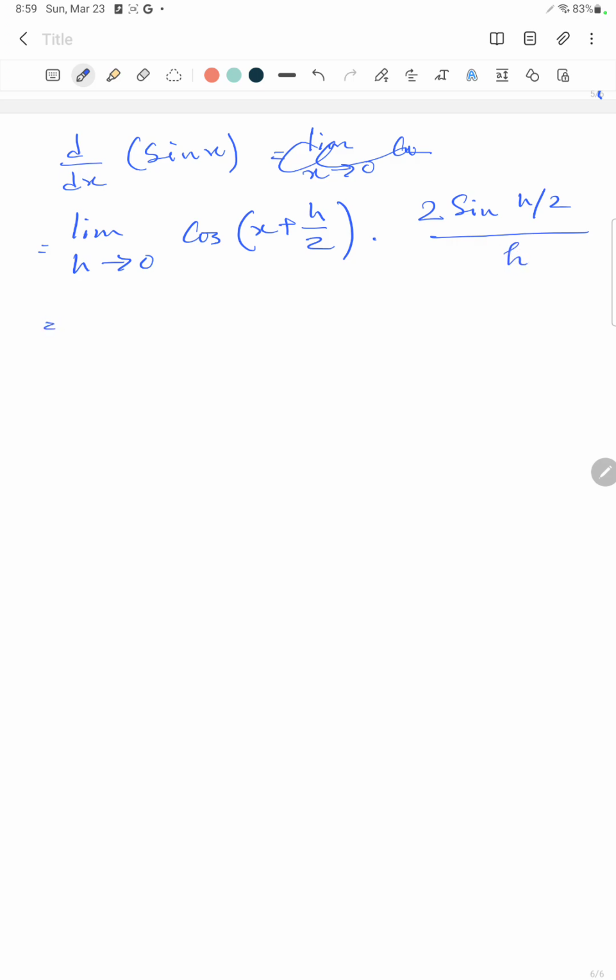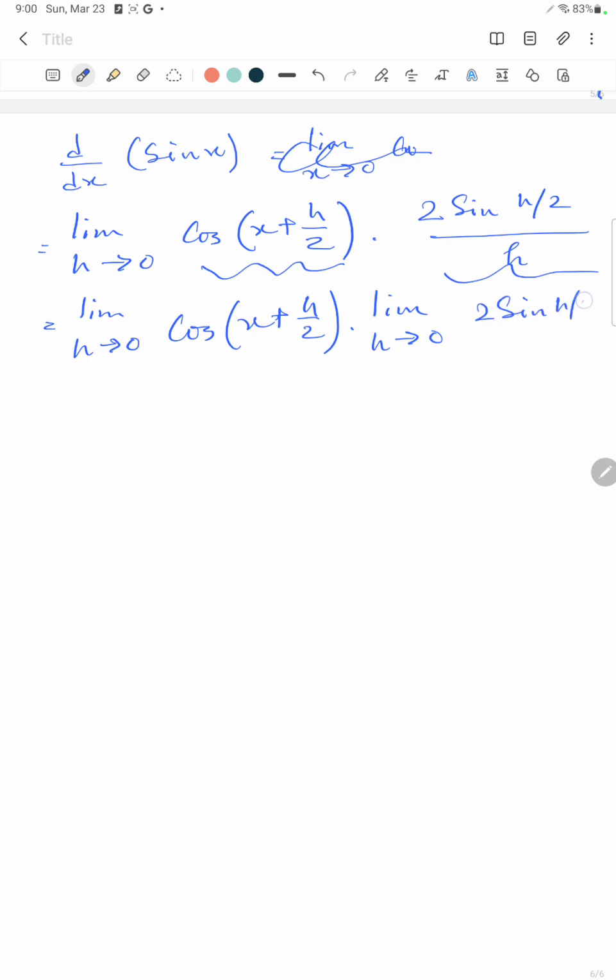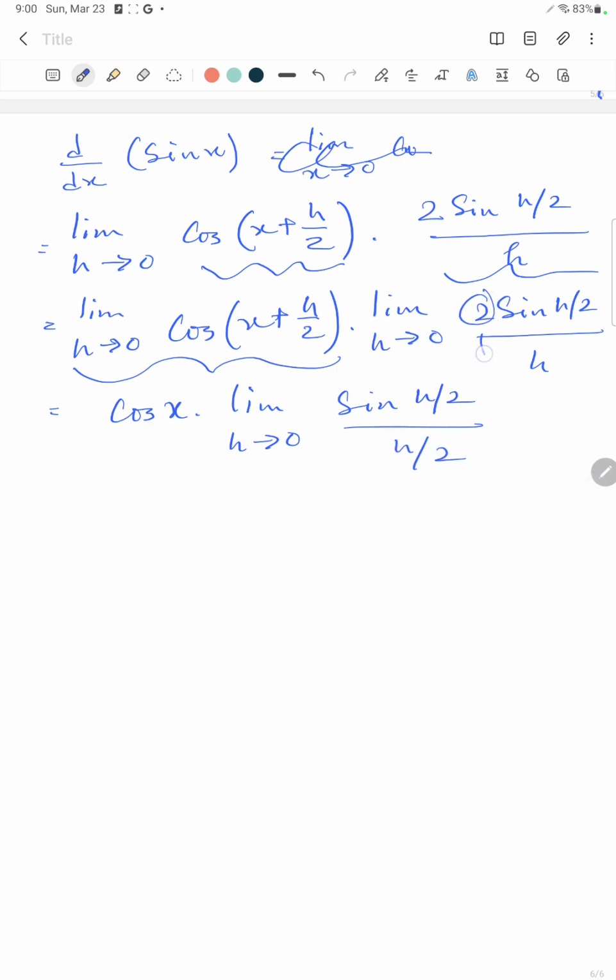If we separate these limits, then we have limit h goes to 0 of cos(x + h/2) into limit h goes to 0 of 2 sin(h/2) by h. Clearly, if you set h to 0, the first part will be cos x, and the second part will be limit h goes to 0 of sin(h/2) by (h/2). Here the 2 gives us h by 2, so essentially we are left with this.